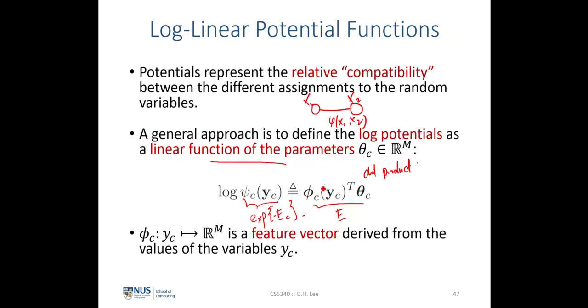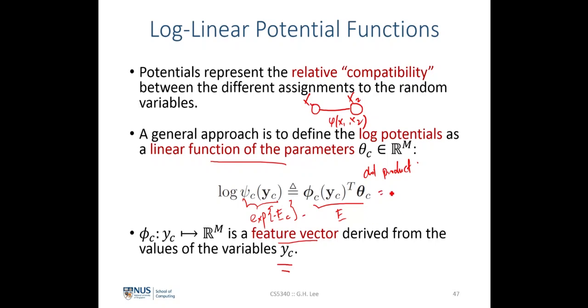So phi here, which we'll call the feature vector, is the feature vector derived directly from the random variables of yc. It's actually an m-dimension vector multiplied by an m-dimension parameter, which is theta c over here.